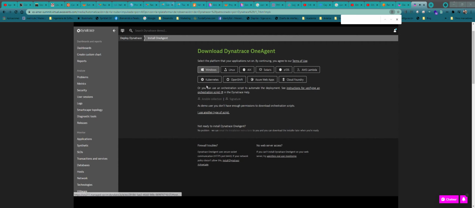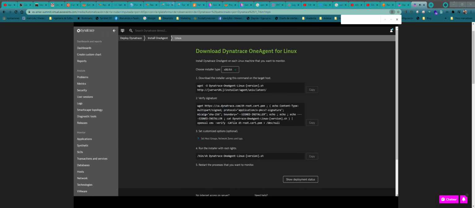So no matter on which platform you are running, whether you're using Windows, Linux, AIX, Solaris, or any kind of PaaS-based instances, whether you're using even AWS Lambda, you can deploy Dynatrace into your environments. Or if you're using Kubernetes or ECS containers or maybe Fargate, we have support for all of these instances, and the download process is fully automated, which means all you need to do is run a couple of lines of code.